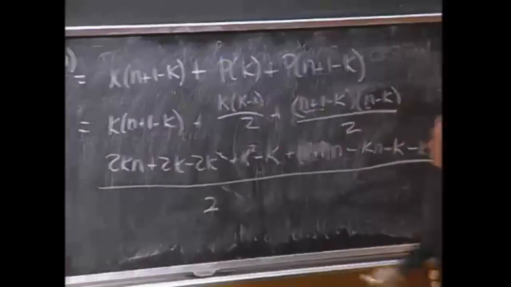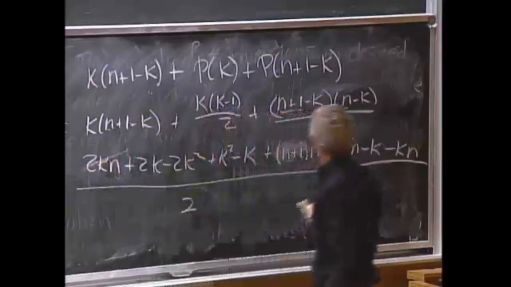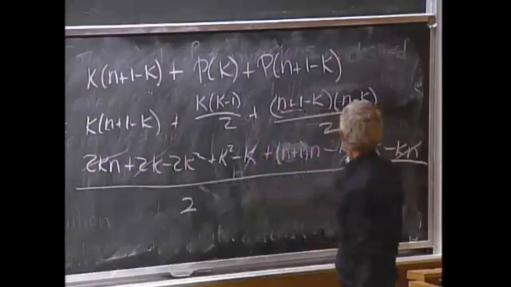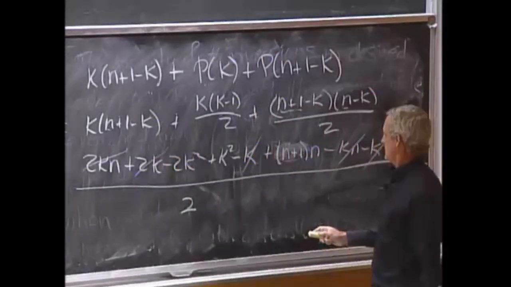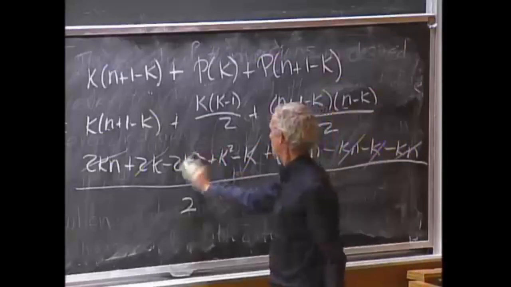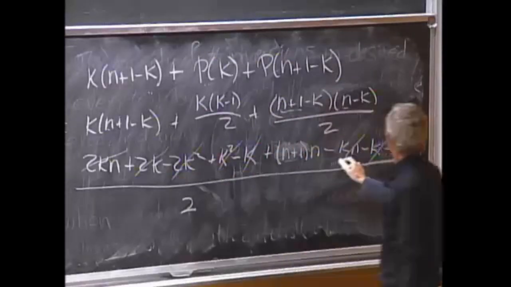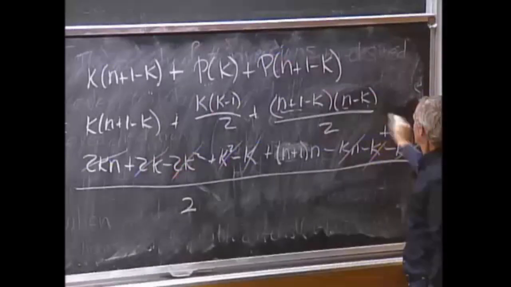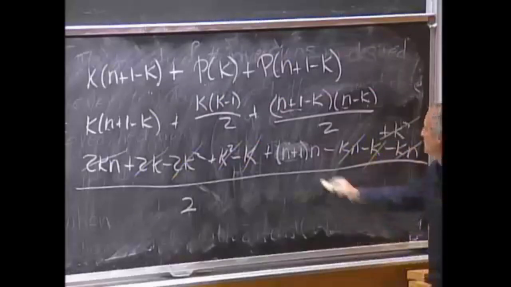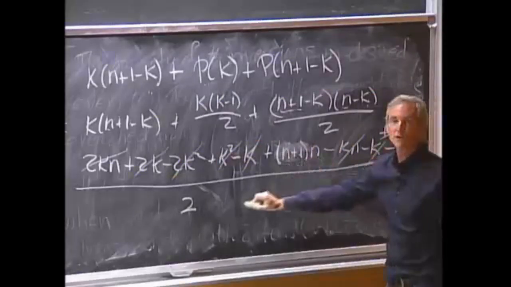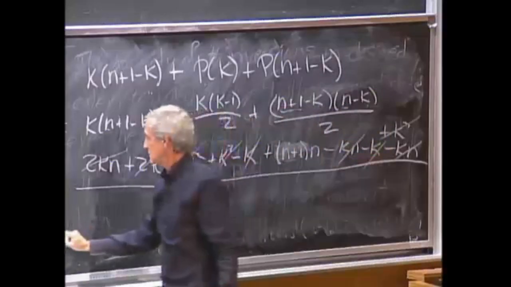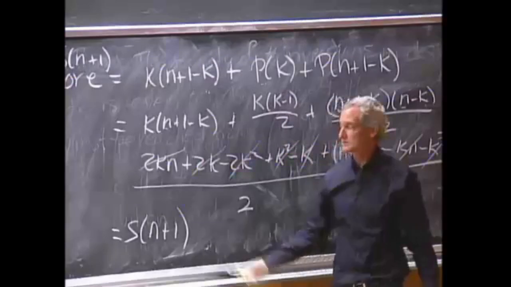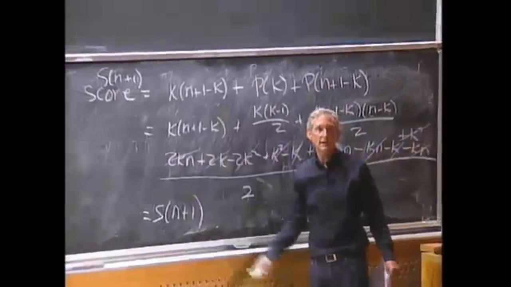And now let's cancel. 2 kn's here, cancel kn, kn. 2k cancels k and k. Minus 2k squared cancels k squared. Oh, and I forgot plus a k squared from here and here. So I'm left with n plus 1 times n over 2. That is S of n plus 1. And the k disappears.